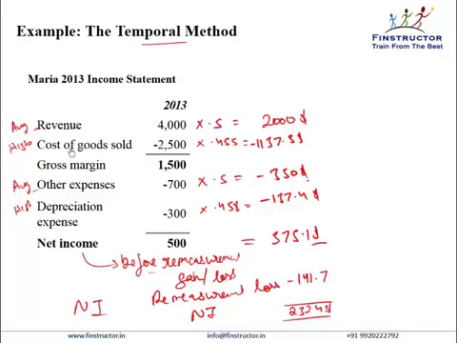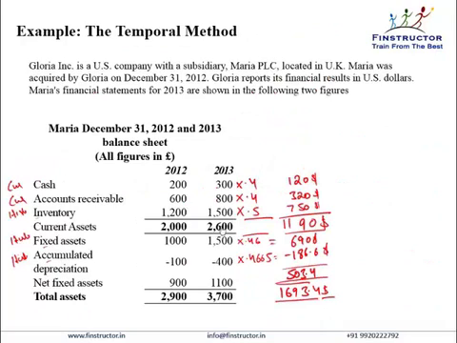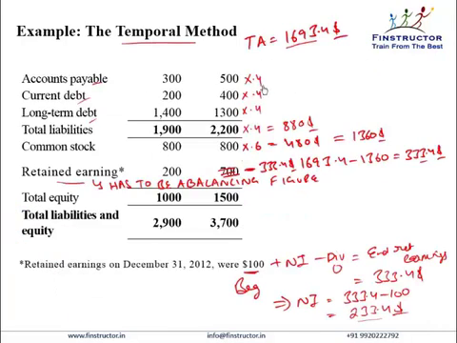So we translated all the income statement accounts and waited for the remeasurement gain or loss. We then translated the asset side of the balance sheet, calculated the number for the total assets, and then translated all the liabilities except retained earnings. The retained earnings has to be a balancing figure so as to make the liabilities match the total assets that we calculated previously.